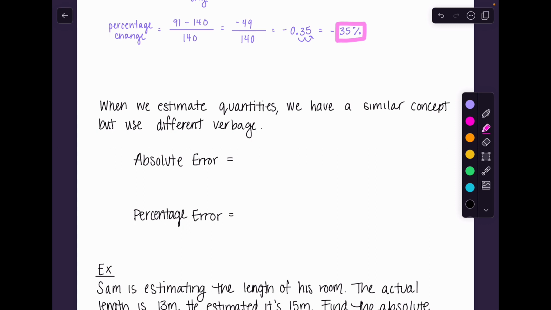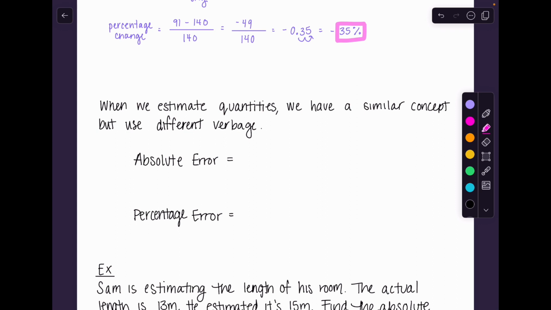So we had percentage change, which indicated we needed to care about whether it was a decrease or increase. Now what I want to do is talk about error, because error is how much you're off by. And again, it doesn't matter whether it's an over or underestimate in this situation. So when we talk about absolute error, that's the exact amount that we are off by.